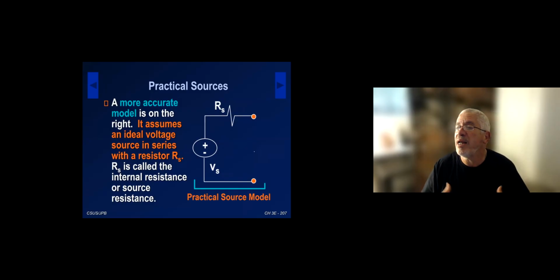In real life, everything has resistance. There is no such thing as an ideal anything, an ideal cable, an ideal source. So we lump that resistance into Rs here, and that is actually a very accurate source model. Rs is called the internal resistance of the source. So that's the practical source model.